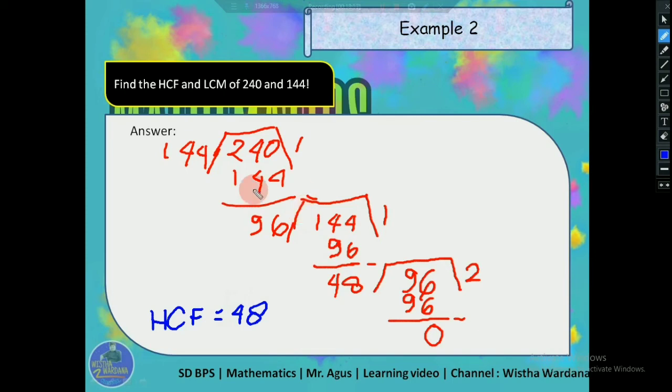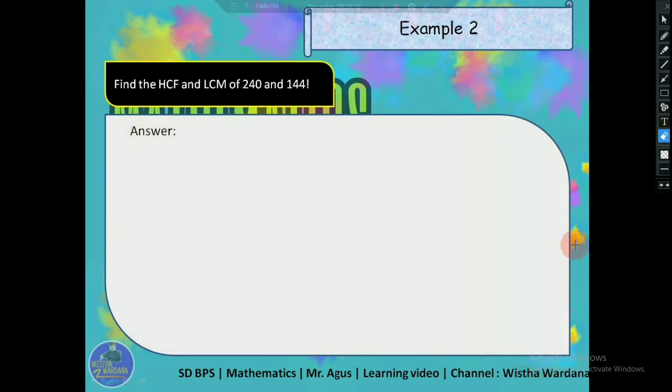So it will be like this. We know the formula is LCM equal to 240 multiplied by 144 divided by HCF.